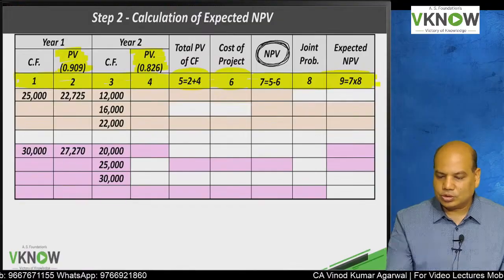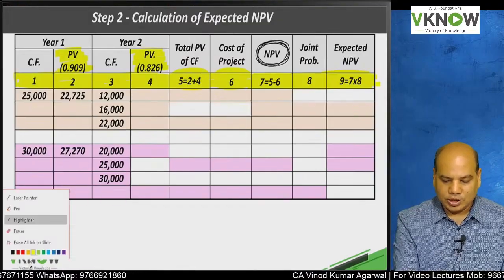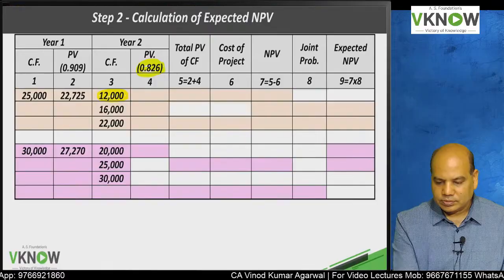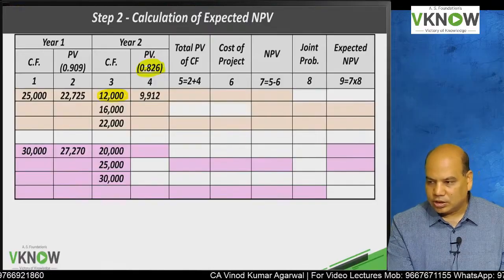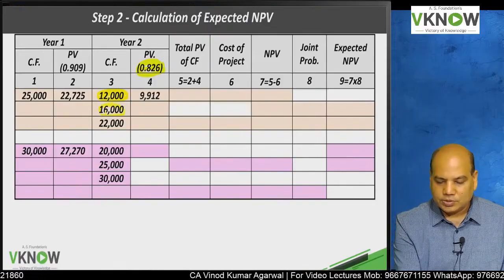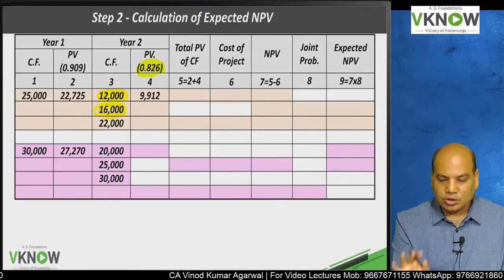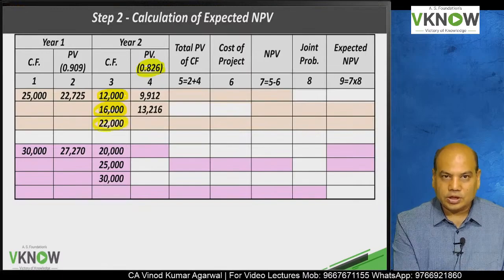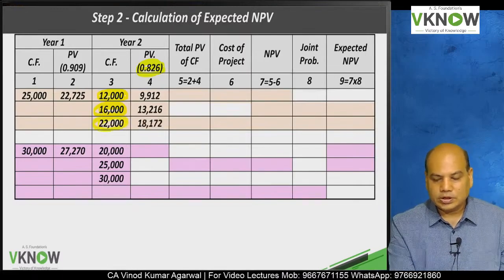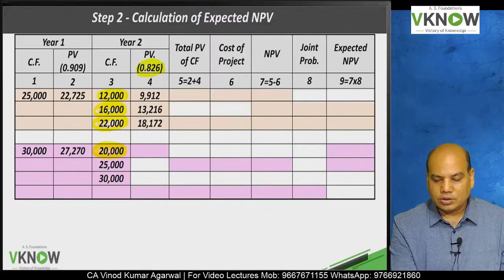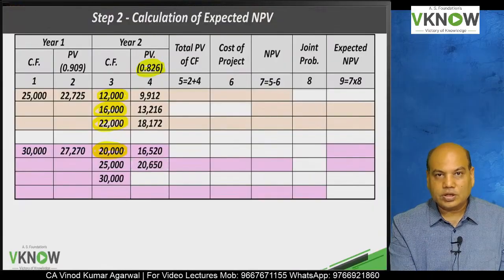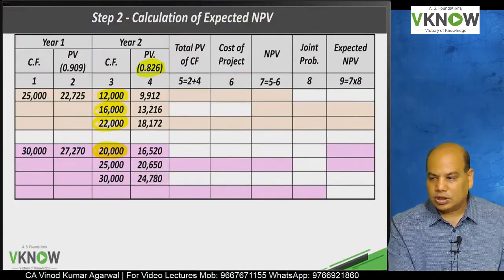Now shortcut to calculate present value. First you type 0.826 into 12,000 equal to 9912. Now just type 16,000 equal to 13216. Type 22,000 equal to 18172. Then 20,000, 25,000, 30,000 equal to.